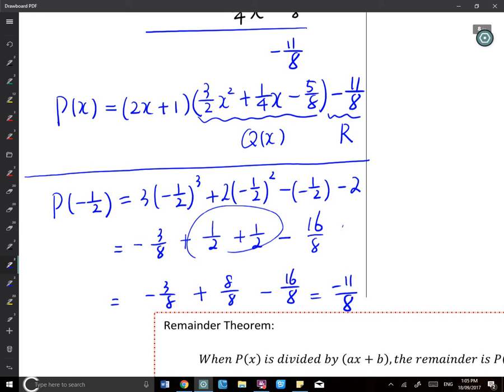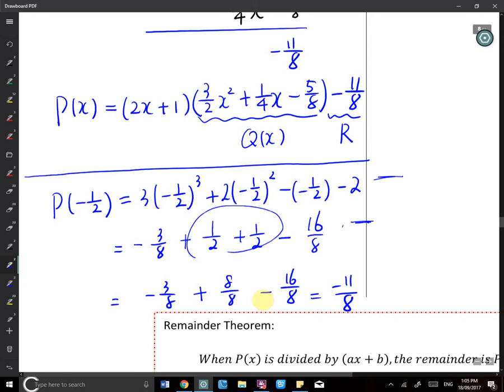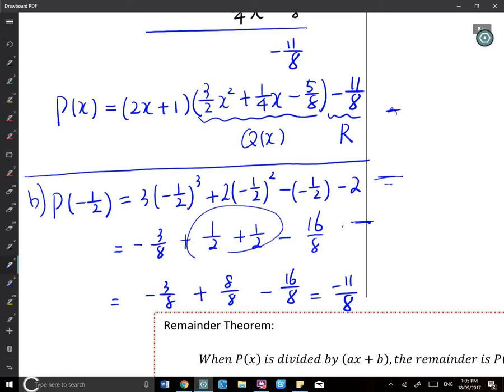Question? How do you get from the top? Which one, sorry? This one? Oh no, that's only part B. That's another question. B is asking us to solve for P(-1/2). B is asking us to substitute.